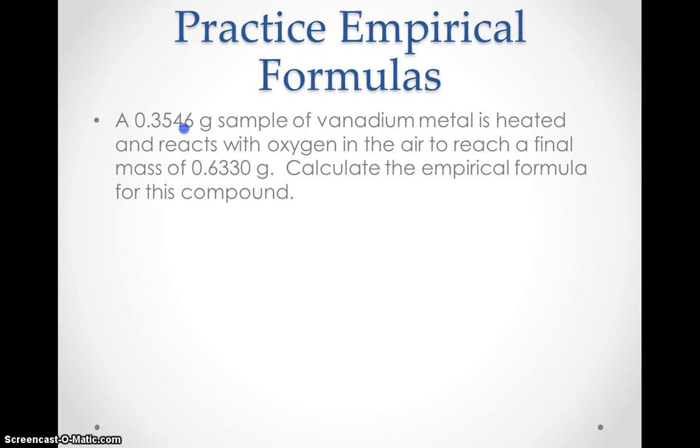So when we're looking at this problem, we've got 2 different masses, and we have to be able to understand what they're telling us. This first mass is telling me, hey, this is how much vanadium I reacted. The second mass is telling me, hey, this is my final mass after I reacted with oxygen. So this 0.6330 is actually the mass of my vanadium plus my oxygen.